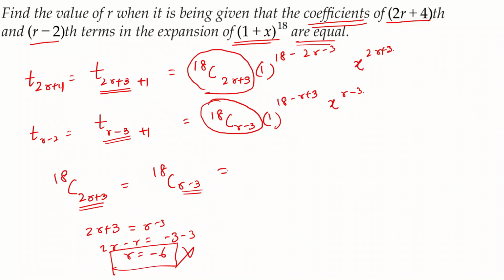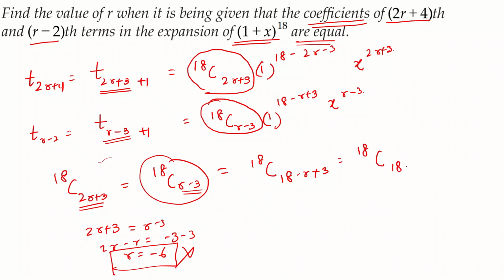So all we have now is we can write this thing as 18C(18-(r-3)). Remember, nCr is nC(n-r). So we can write this as 18C(18+3-r), and 18 plus 3 can be written as 21.